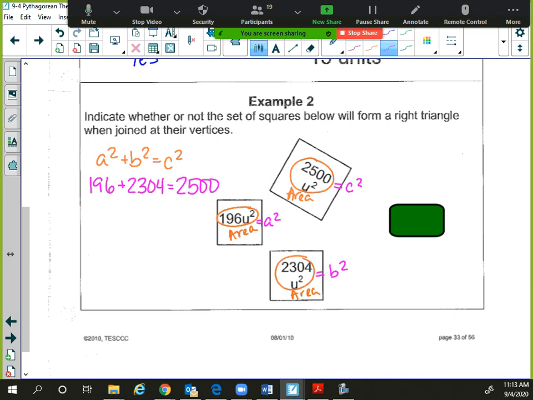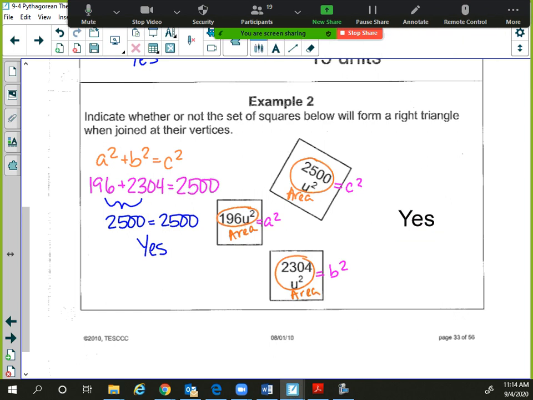All I have to do is simplify what's on the left side of the problem, meaning all I've got to do is add those two numbers. And I do get 2,500, which is equal to 2,500. So yes, this would form a right triangle, which is what's behind that little green square, or rectangle, sorry.